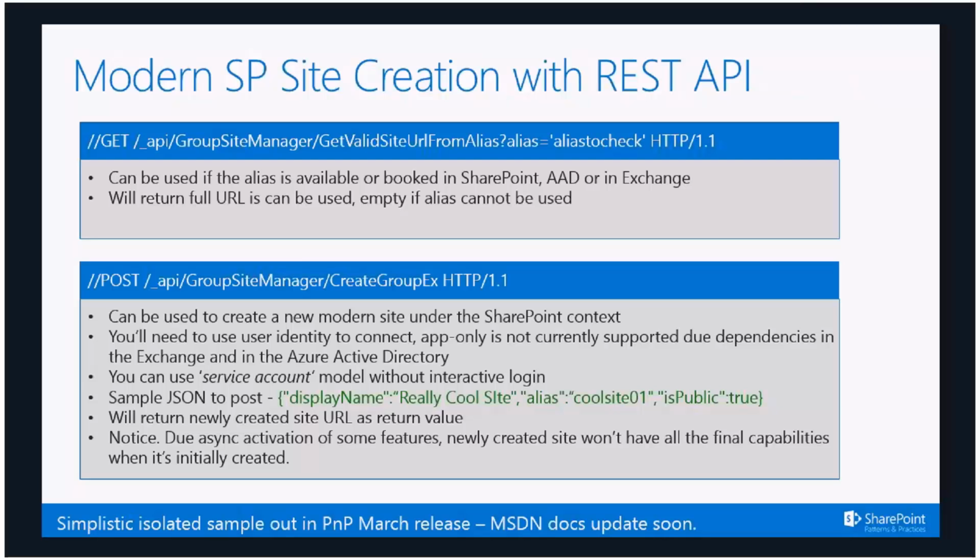Technically, we do have a REST API, so right now we already have a supported way of doing this in SharePoint. In SharePoint, you have a REST API, first of all, to check if the alias which you're planning to create is available for a modern site and a group, and second of all, to actually create a site in SharePoint, which will also create the Office 365 group as well.